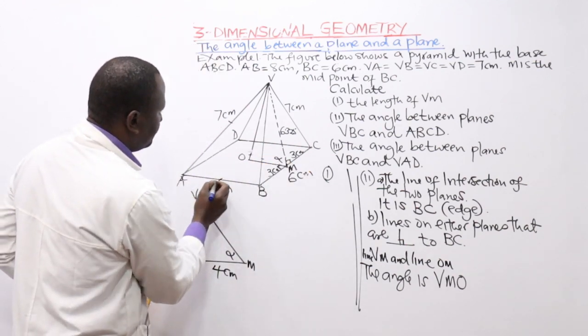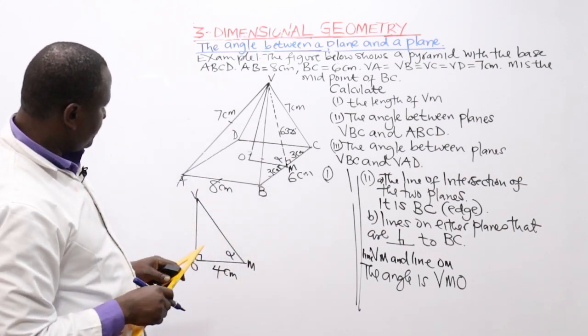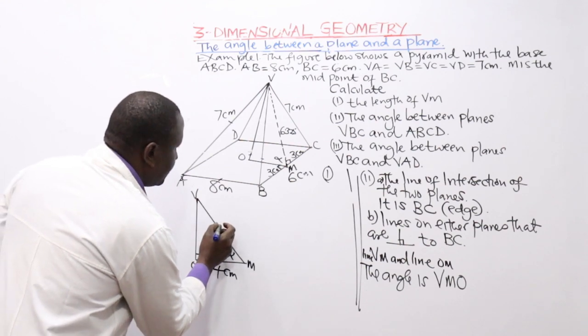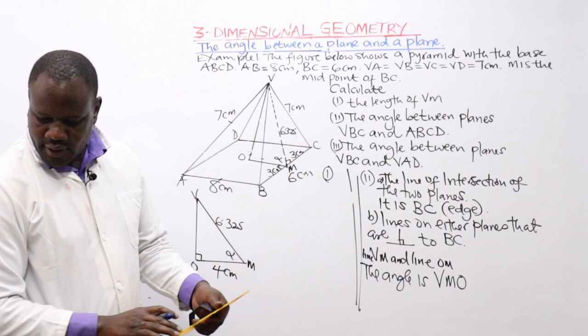It's halfway from A to B. So it is 4 centimeters. This one we have calculated to be 6.325.